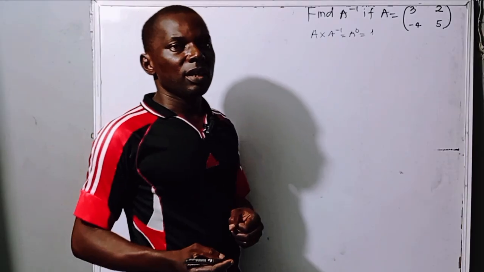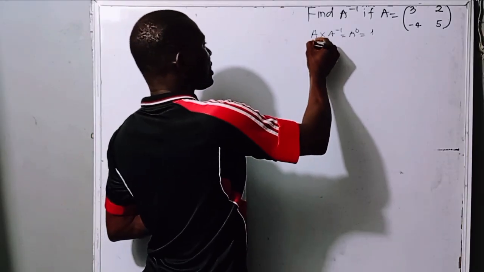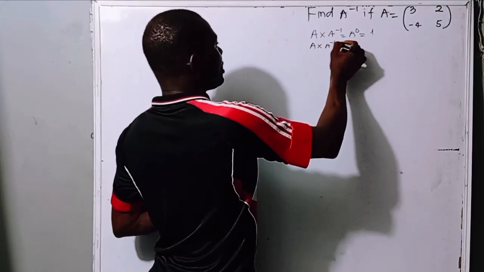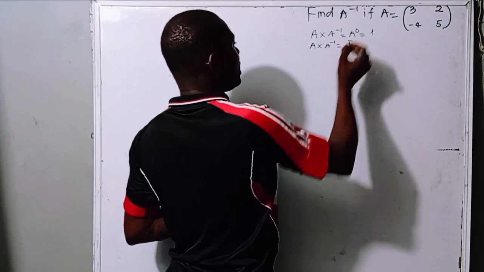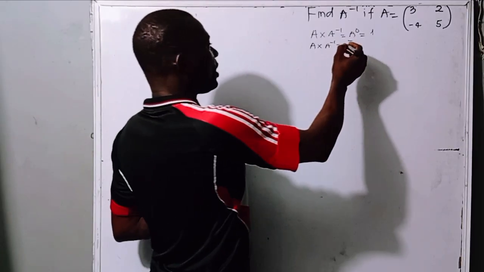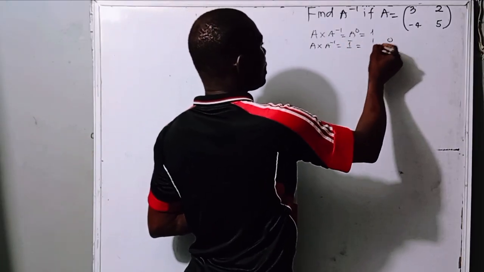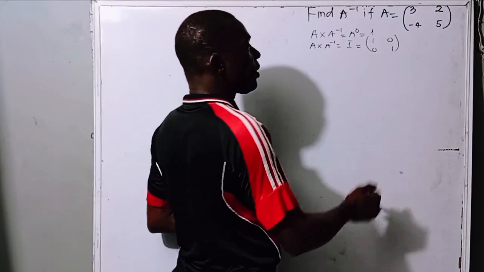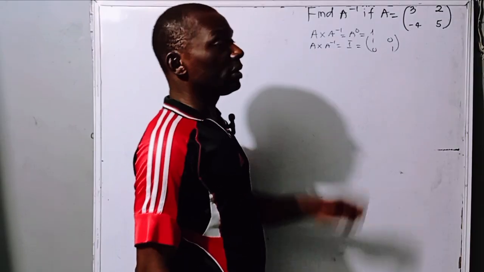In matrix, the typical replica of this is that A multiplied by A inverse must give what we know as the identity matrix. The identity matrix of a 2 by 2 matrix here is simply 1, 0, 0, 1. So we see that the major diagonal are just 1, while the other ones are 0.